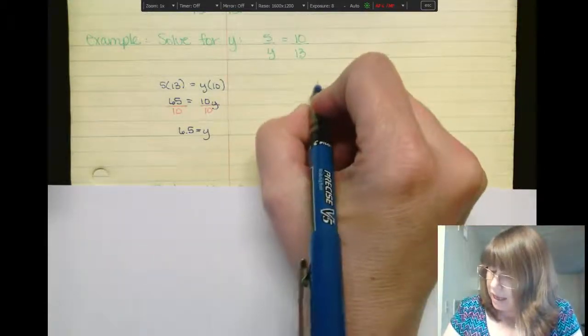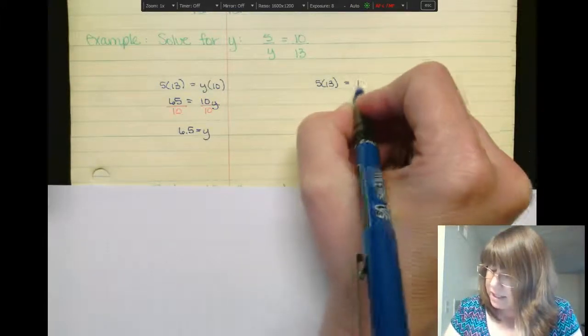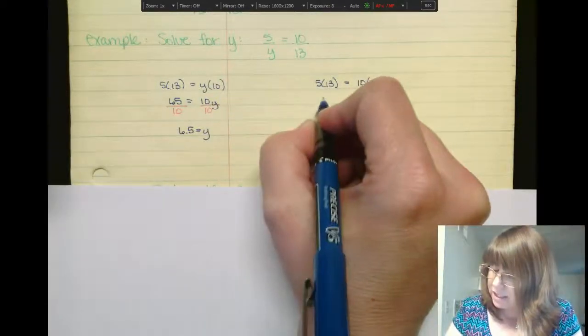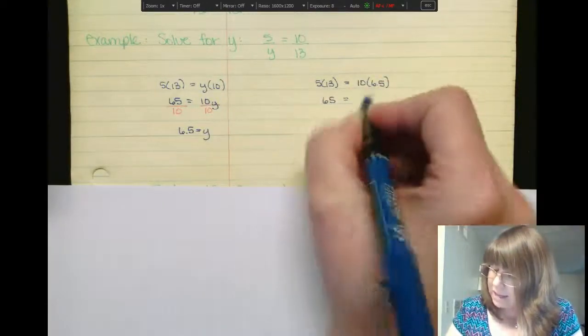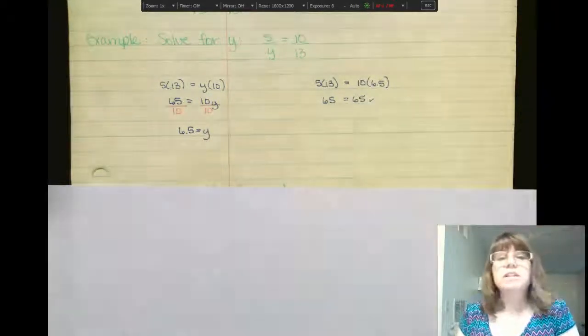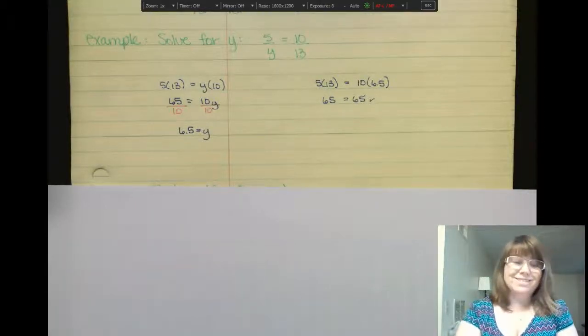So again, I have 5 times 13, 10 times 6.5. Well, 5 times 13 is 65, and 10 times 6.5 is 65. So the check does work, and we did get the correct solution.